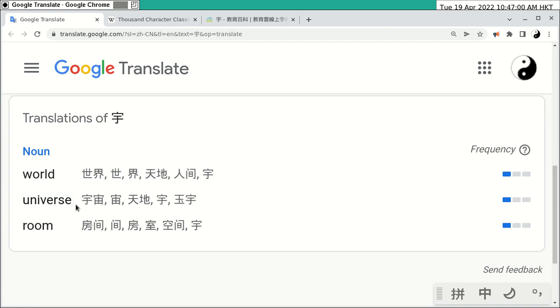It's more in olden days. Nobody talks about their own house or room as a Yu, but it's still acceptable to use it for the whole universe. Although this is more a written character, we very seldom use it in conversation, but it happens once in a while.